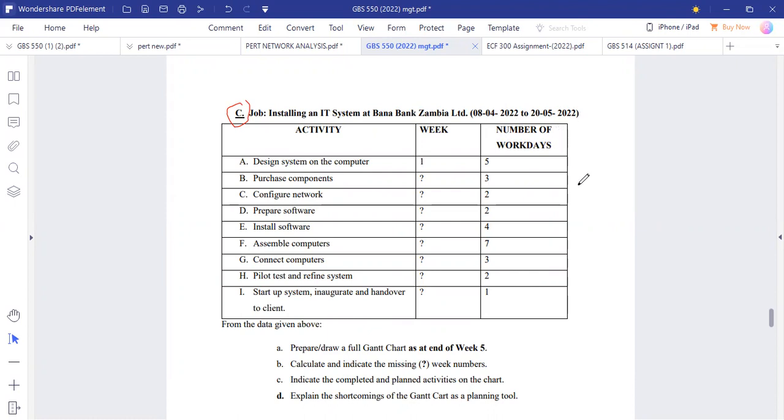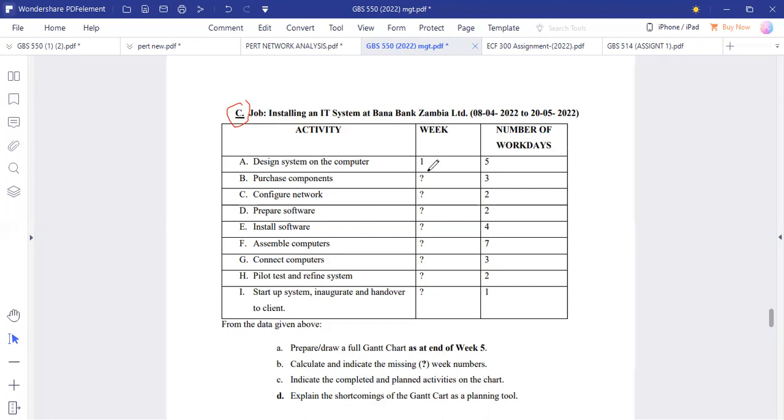Now, the first activity: we have the activity, the week and the number of work days. For activity A, we have design system on the computer. We're taking 1 week, and the number of work days is 5.